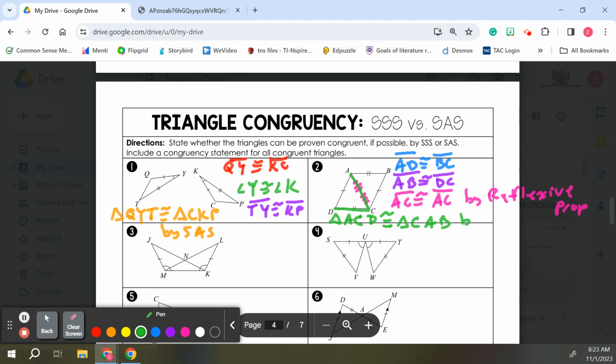And I'm going to put by side, side, side. Questions on that? I want us to take a look at number 6 next. So let's take a look at that.